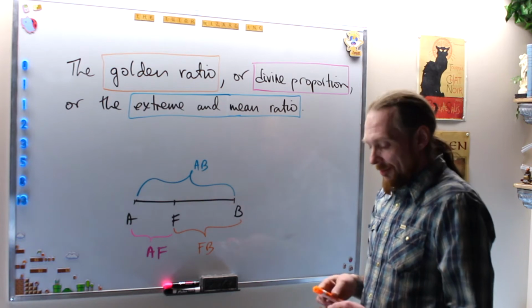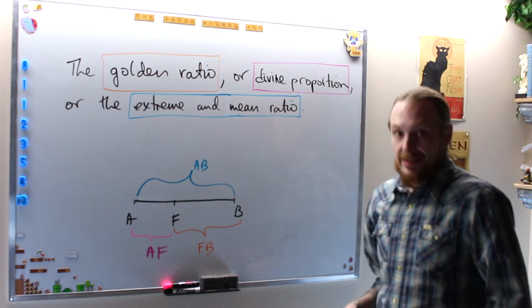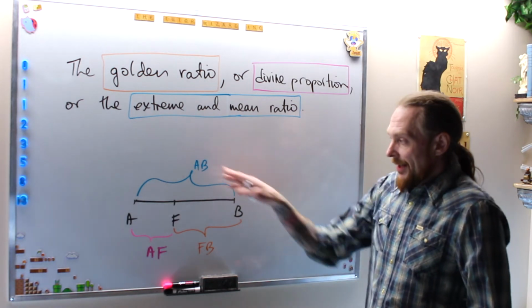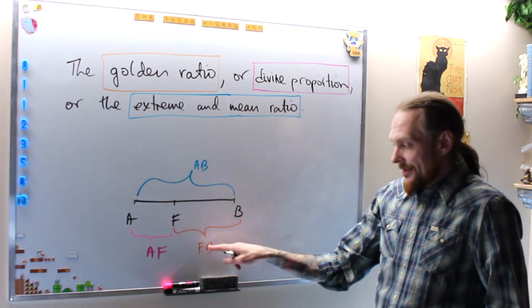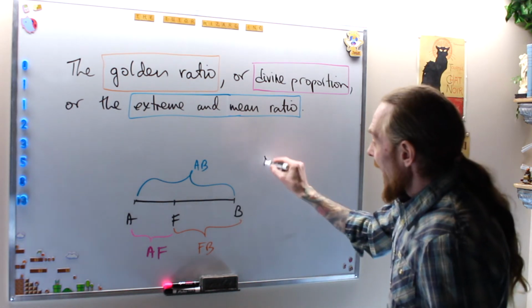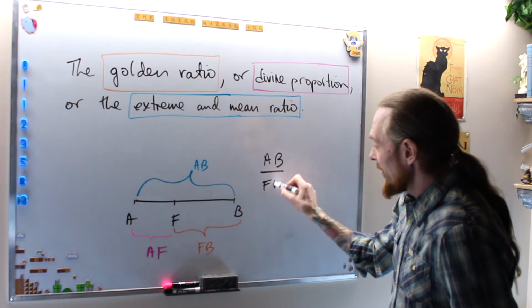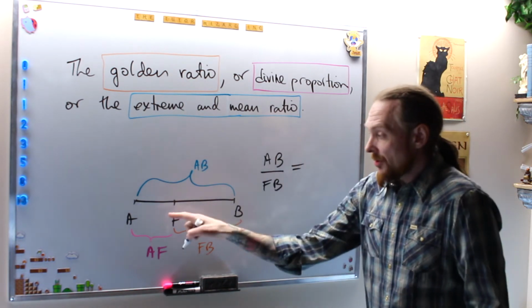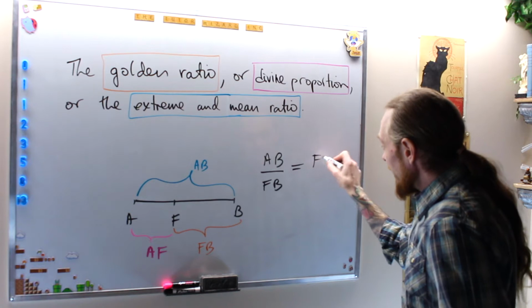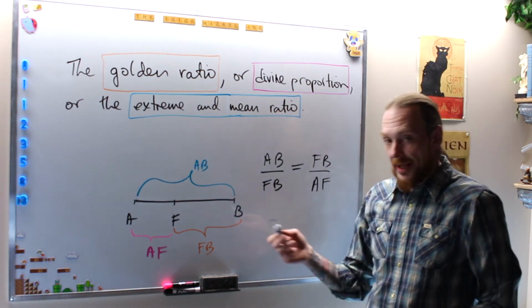I'd normally put lines on them, but that'll be a little more confusing for the notation, so they should be finite line segments. But this segment AB and this segment AF and this segment FB, now, the golden cut is such that AB over the big segment FB is exactly equal to the big segment FB over AF.